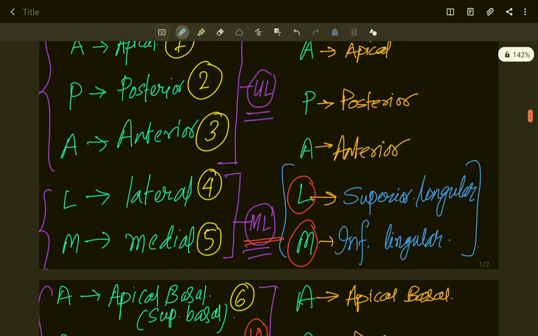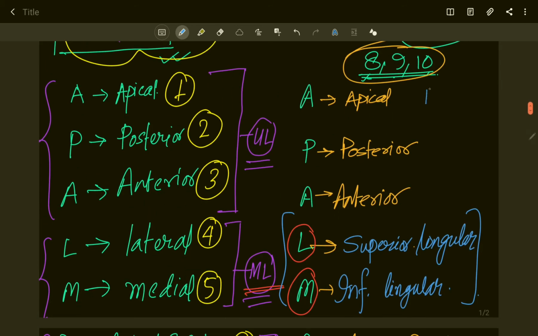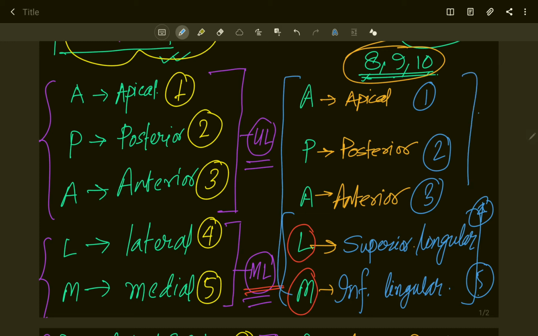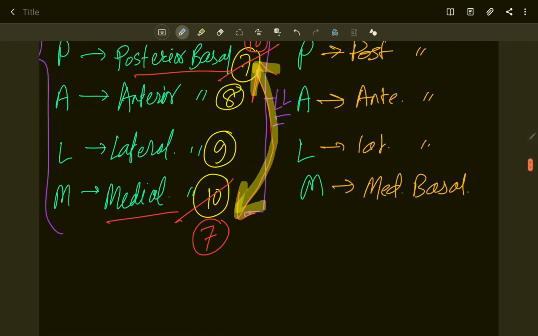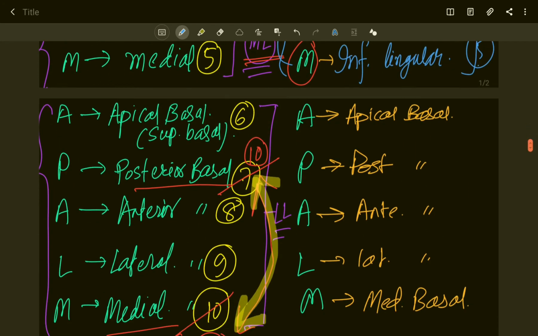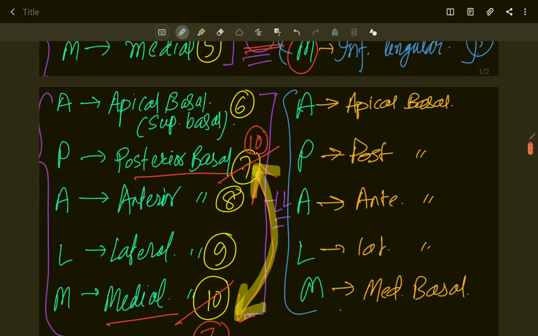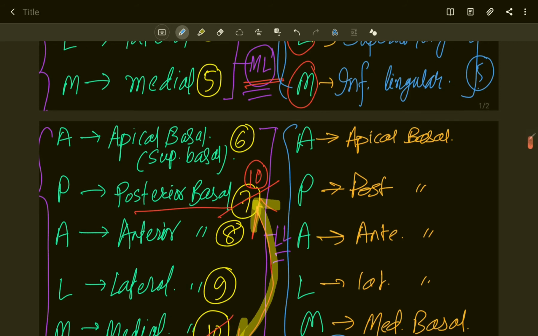Okay, so these 5 structures I am marking 1, 2, 3, 4, 5. They are present in the upper lobe of the left lung. And the remaining 5 structures are present in the lower lobe of your left lung, and the same interchange is also there.